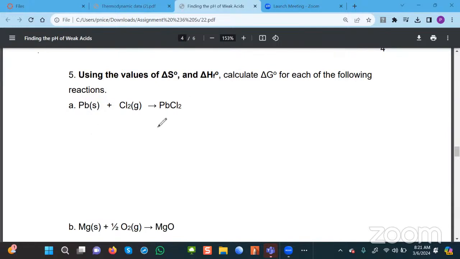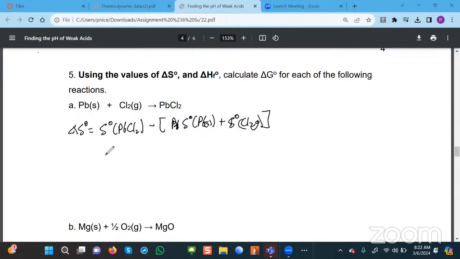So in this case here, we need to find delta S standard, which would be equal to the entropy standard of lead 2 chloride minus the sum of the entropy standard of lead solid plus the standard entropy of Cl2 gas.